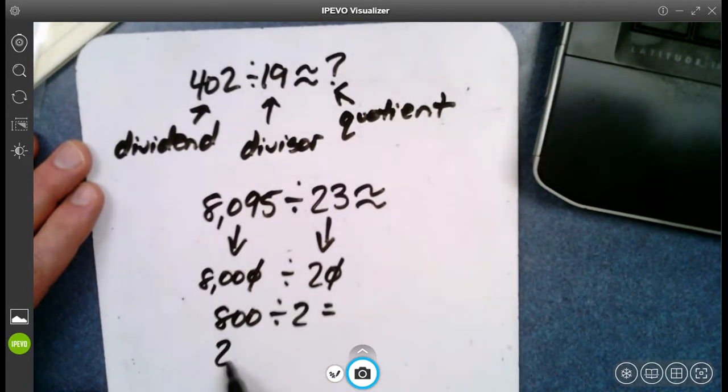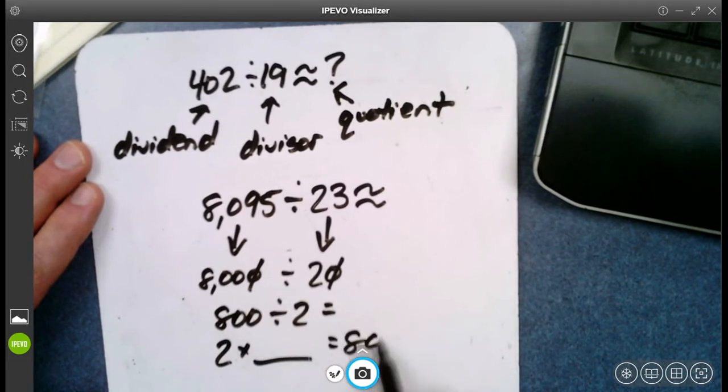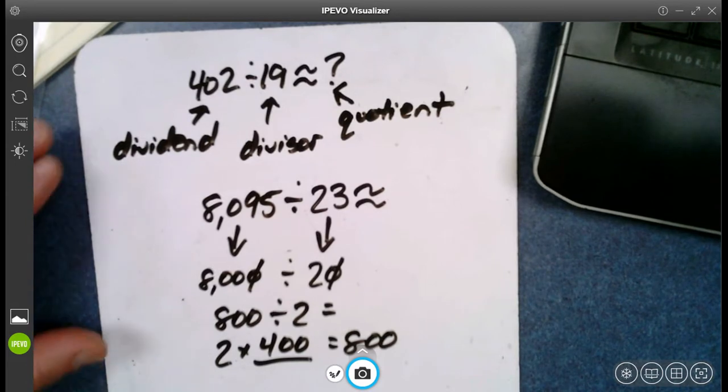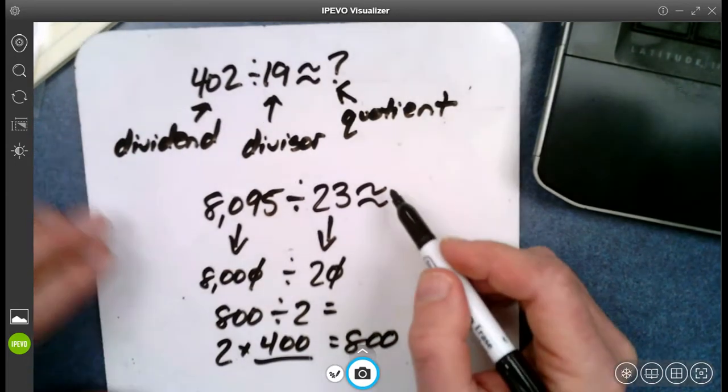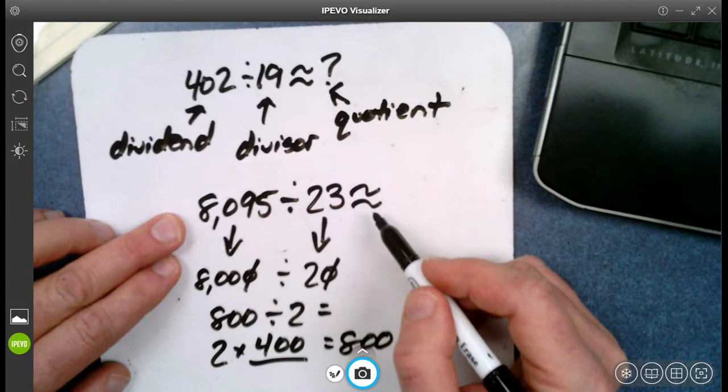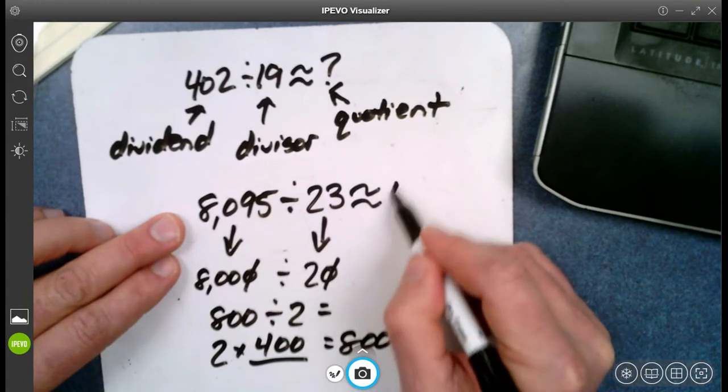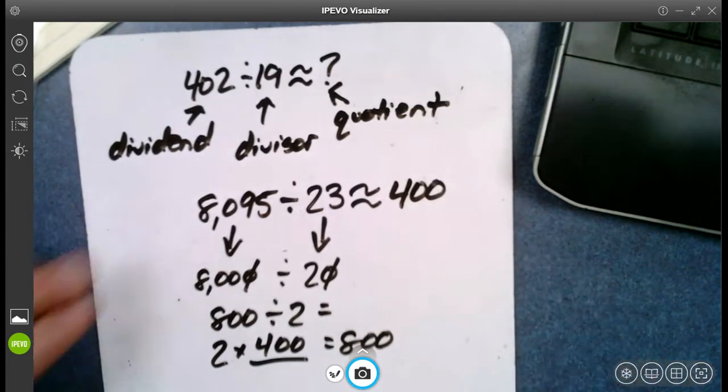Or if I wanted to use the inverse of multiplication, 2 times what is equal to 800? Well, I know 2 times 4 gives me 8, and then I have 2 zeros. So 2 times 400 is 800. So my estimate of the quotient for 8,095 divided by 23 is 400.